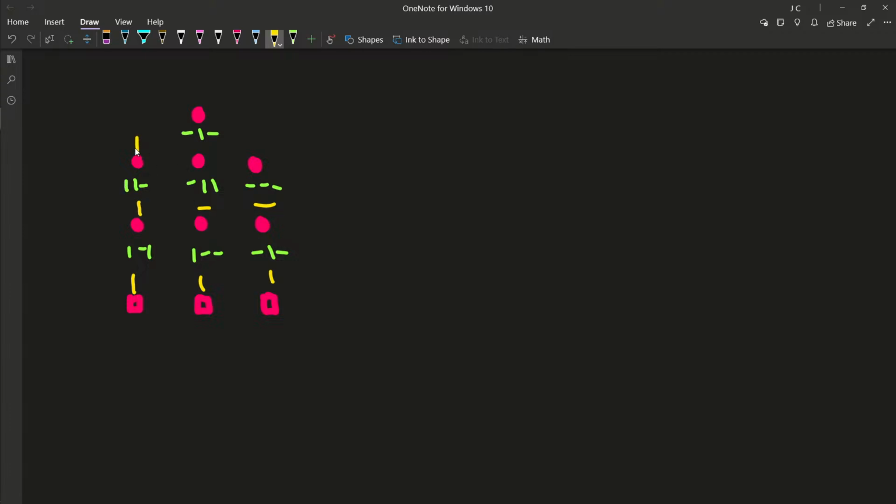So that's 2. Disagree, disagree, disagree. So that's none. And then disagree, agree, agree. And then that's the inverse of that. So we get, that's the output. Right. So that makes sense, right?